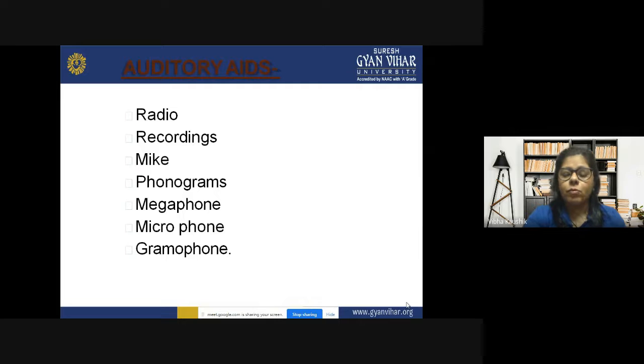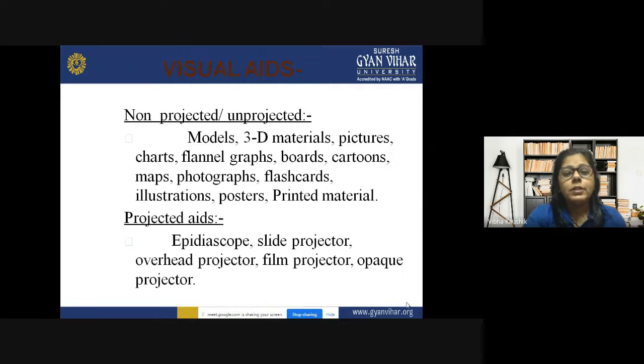Visual aids, non-projected: models, 3D materials, pictures, charts, graphs, boards, cartoons, maps, photographs, flashcards, illustrations, posters, printed material.